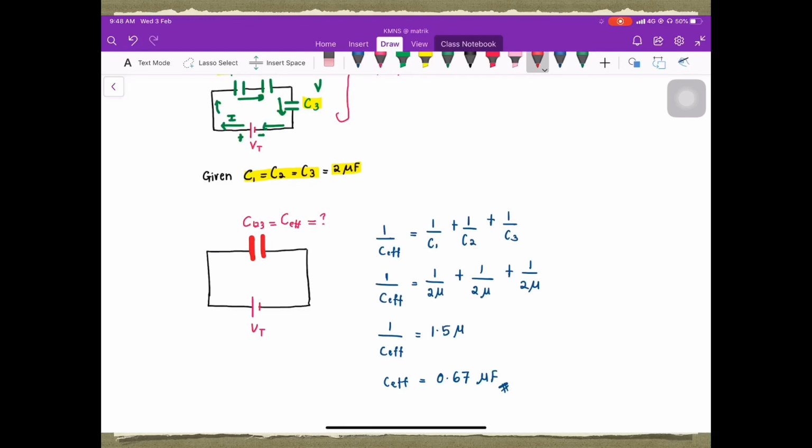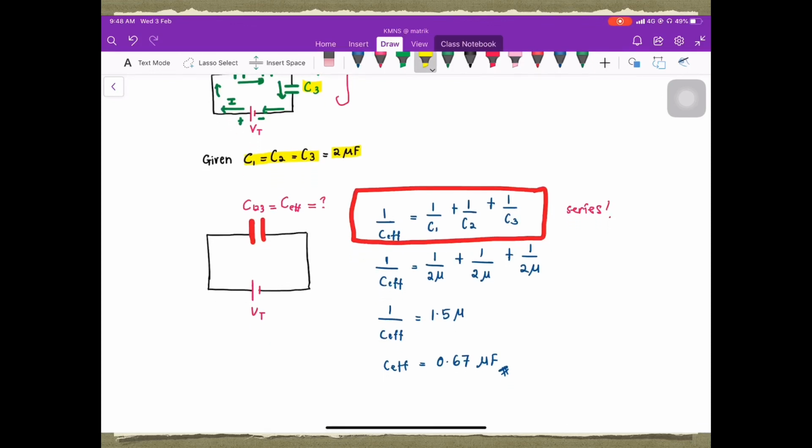By using the series equation. Substitute C1, C2 and C3. So we get the effective capacitance 1, 2, 3 as 0.76 microfarad.